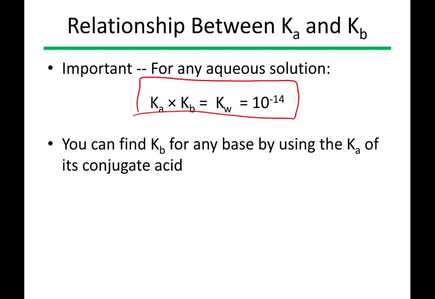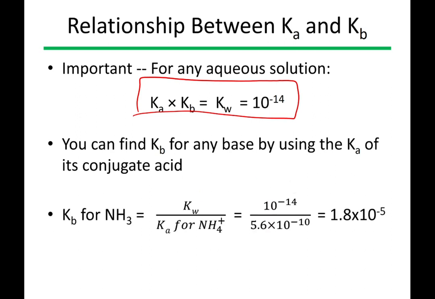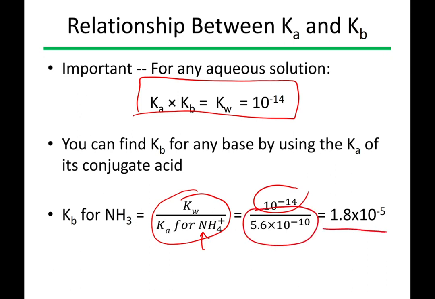Ka times Kb equals Kw. If we want to find the Kb, that's just going to equal Kw divided by Ka. So for NH3, here's our Kw, 10 to the minus 14th, and the Ka for its conjugate acid from that table, and that gives us a Kb of 1.8 times 10 to the negative 5th.